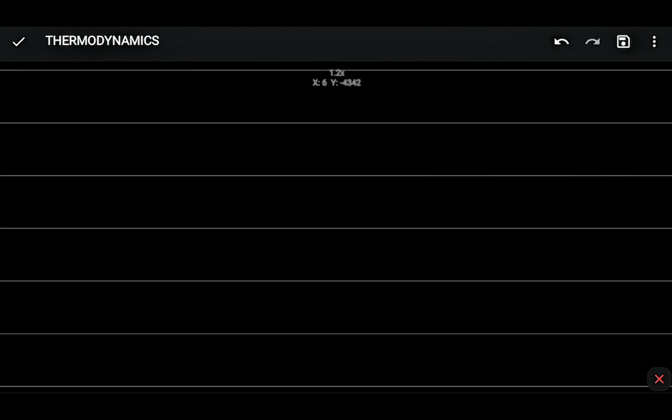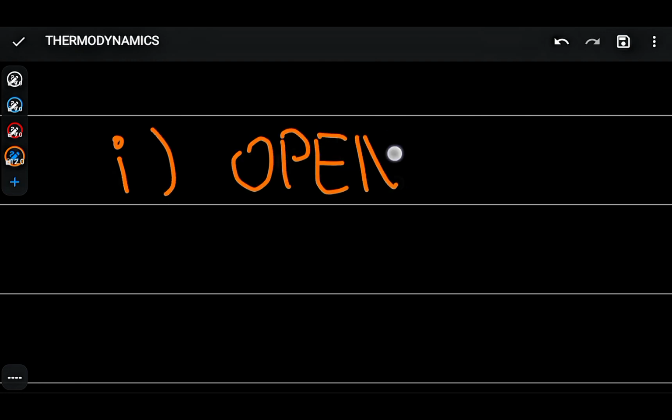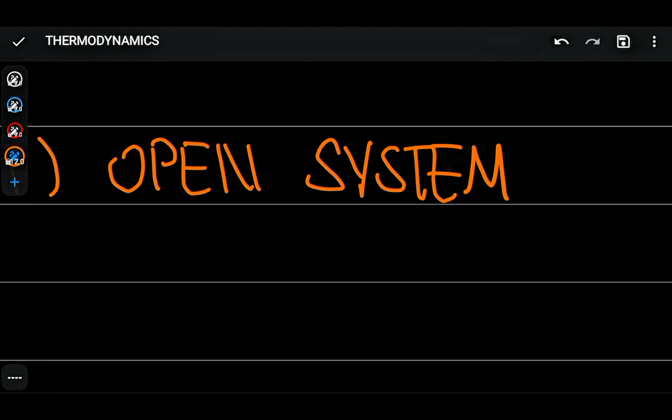So we have three types of systems. We're going to discuss the first one, which is the open system. So what is an open system?